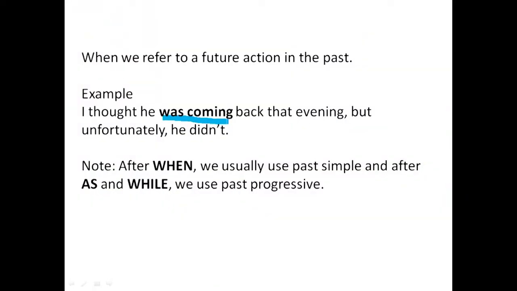For instance, "When I was coming home, I saw him" is grammatically wrong. If you want to use the past progressive, we require either as or while. While I was coming home, I saw him. Or as I was coming home, I saw him. You cannot say "when I was coming home."